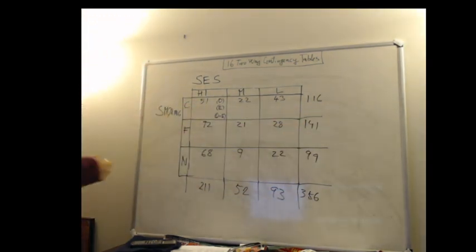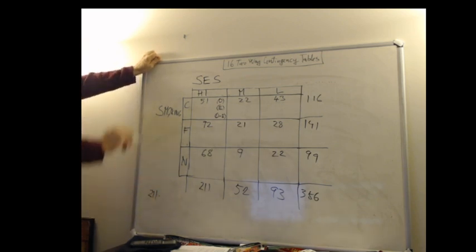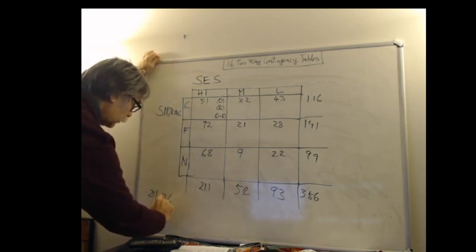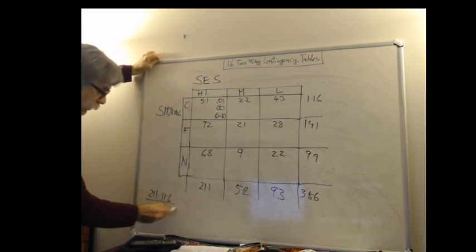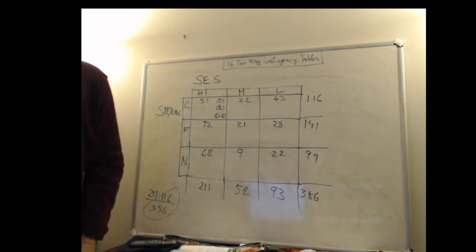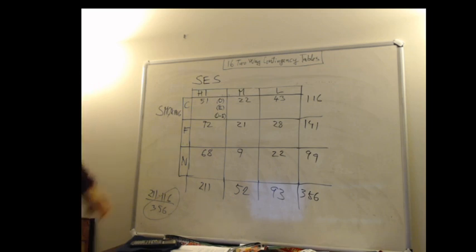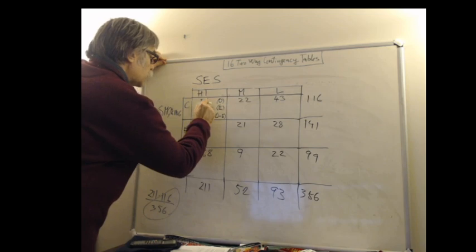So the number here would be 211 times 116 divided by 356. That's an expected value. Again, this is 1/3 of 211 should be current smokers. What that number would be, I come up with 68.75.